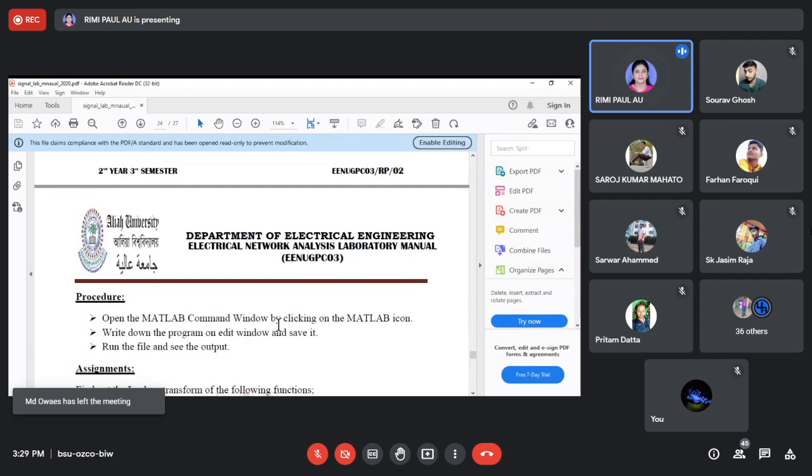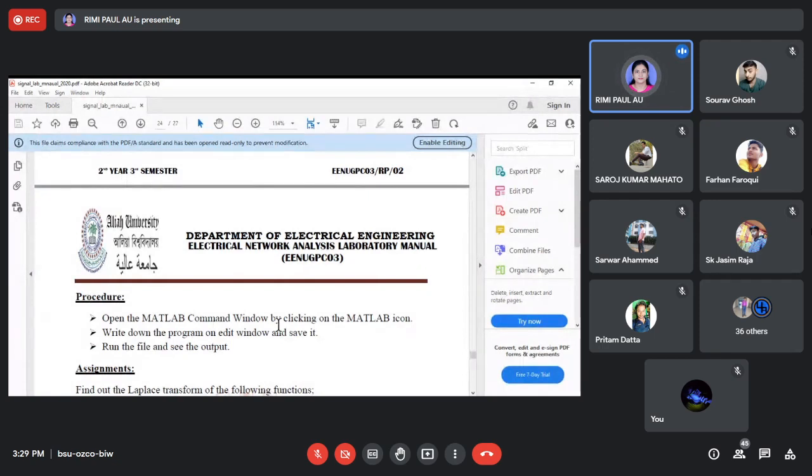After completion of the Laplace transform, I'll tell you that Laplace transform is now completed, and you will submit your lab copy theoretical data within this date. That I will tell you. So within 19th November, for Laplace transform as well as experiment number 5, you have to submit the hard copy.